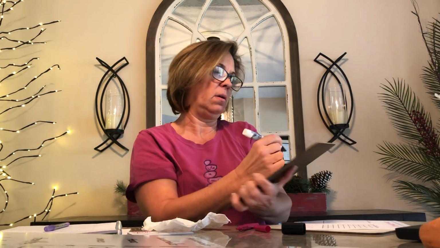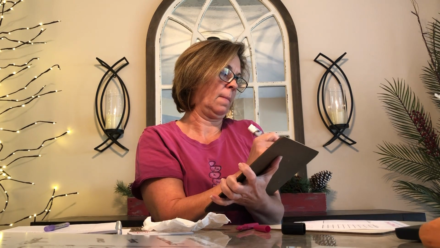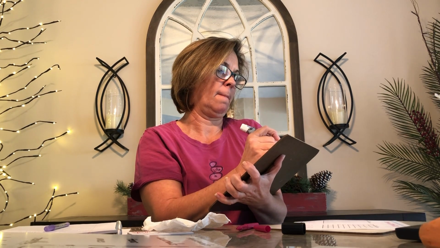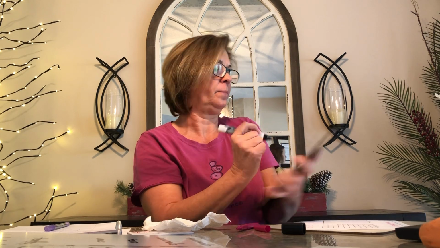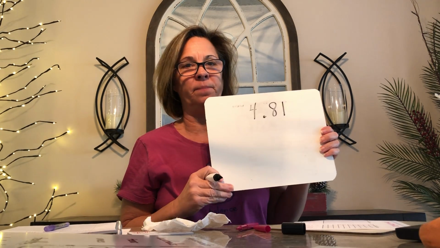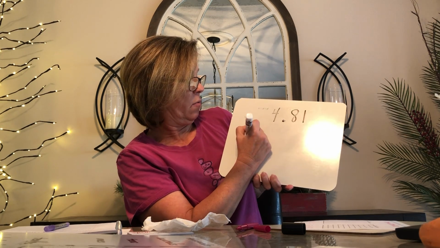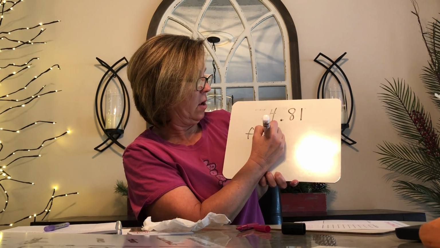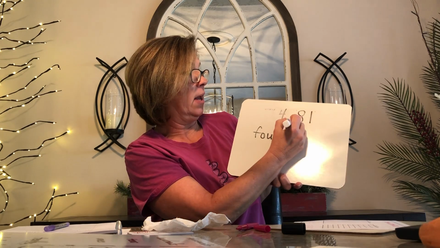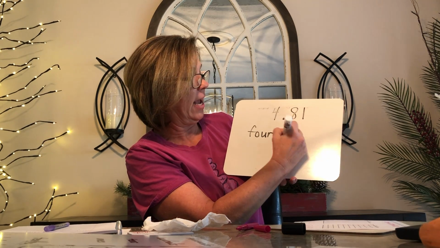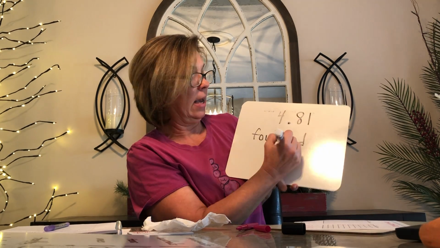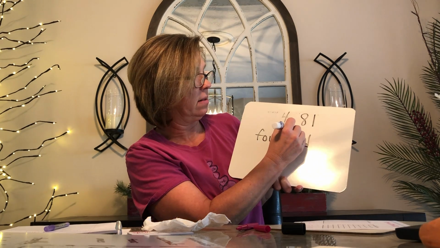So if I give you this number, that's my whole number, so I'm going to write 4 in words. 4. When I get to the decimal point, I write and. And means decimal point.